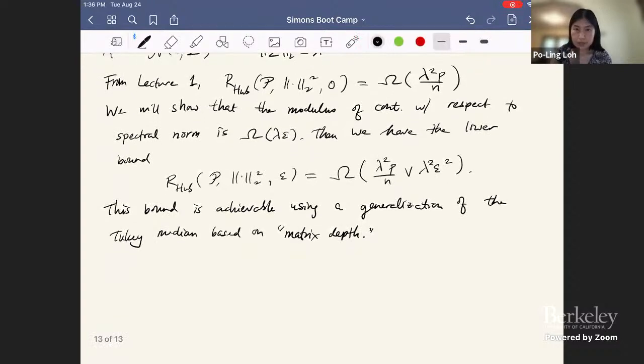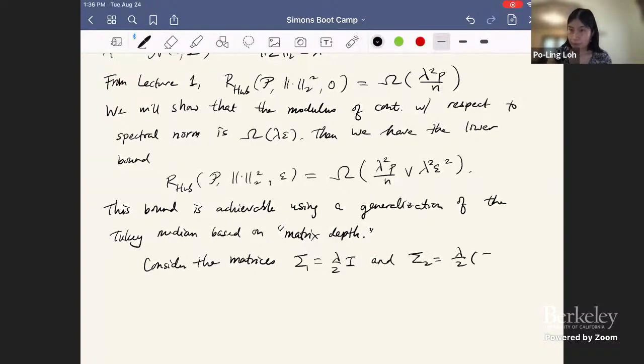Okay, so how do we calculate the modulus of continuity? So consider the matrices sigma 1 equals lambda over 2 times the identity, and sigma 2 equals lambda over 2 times the identity plus epsilon times E, where E is just a matrix with one entry that's non-zero.